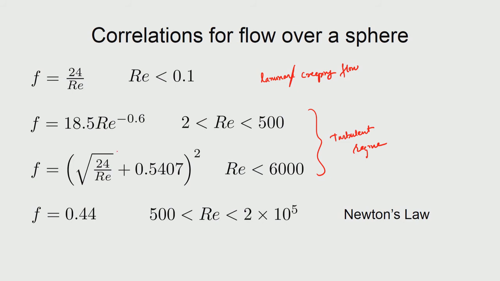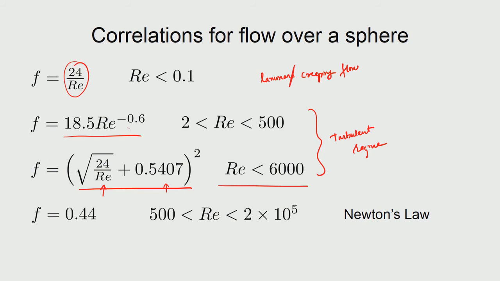For the intermediate range, that is for Reynolds number less than 6000, you are using an expression which seems to fit both the low and the high Reynolds number regimes, because at low Re you have 24 by Re, which is already repeating here. It is something like a hybrid function to span a large Reynolds number range.